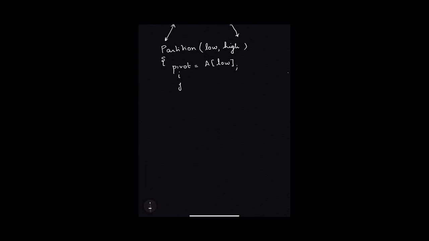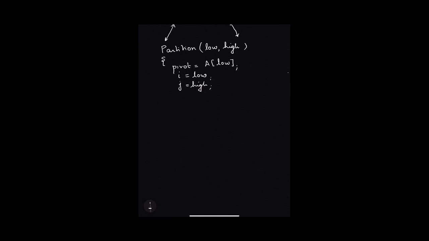The pivot element is always the value at A[low]. Next, I have to find my i and j values. So I can say i is my low element, j is my high element. Now I have to traverse i till I get a value greater than the pivot element.